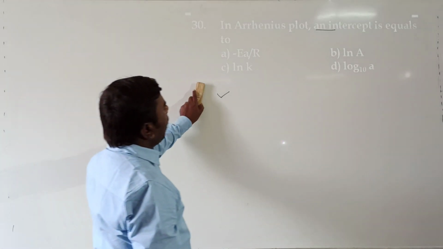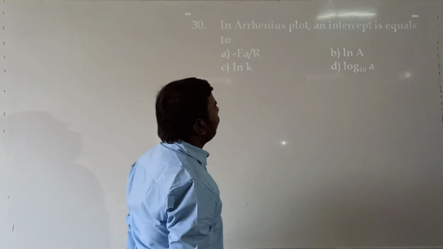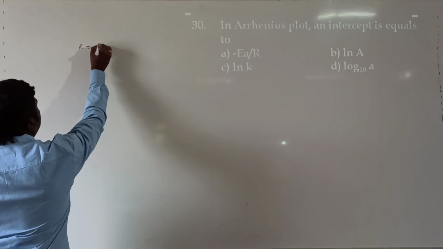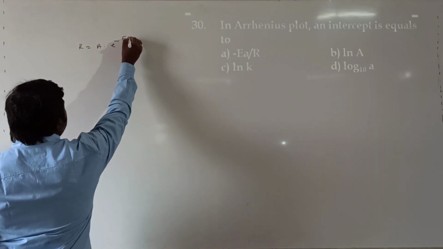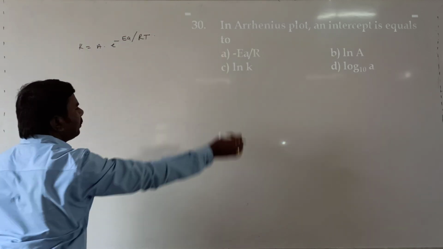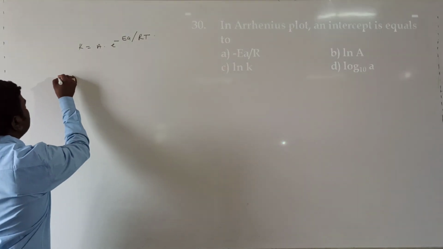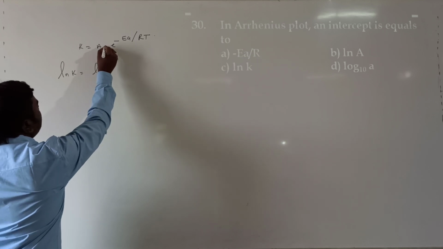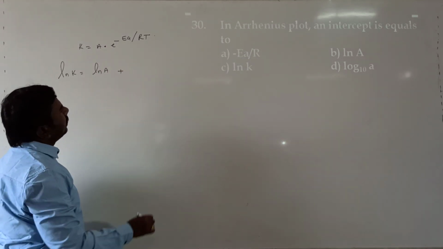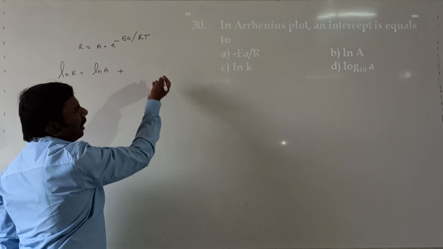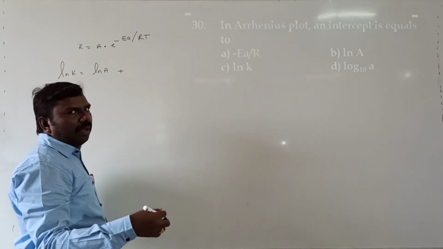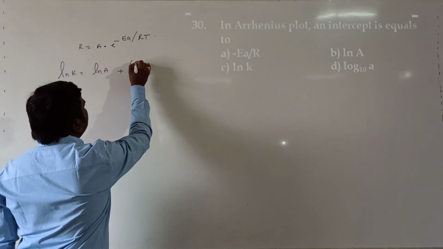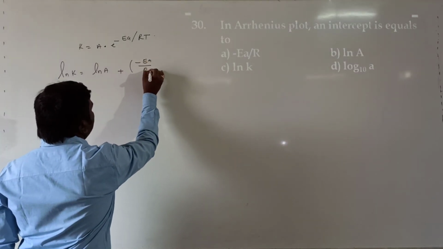In the Arrhenius plot, the intercept is equal to what? K equals A into e to the power minus Ea by RT. Apply logarithms: ln K equals ln A plus ln e to the power minus Ea by RT.